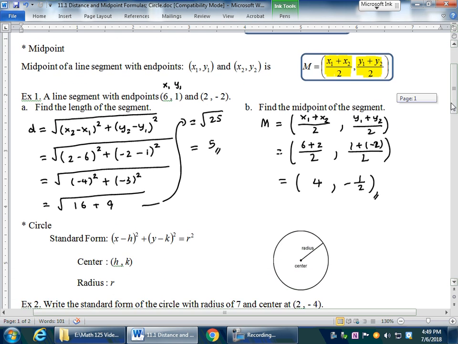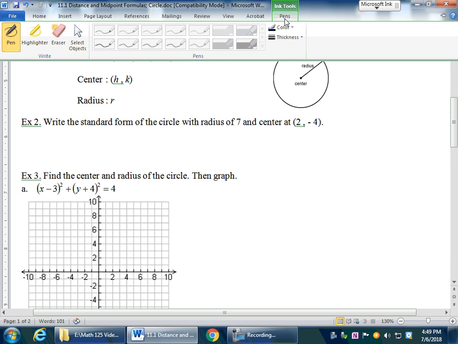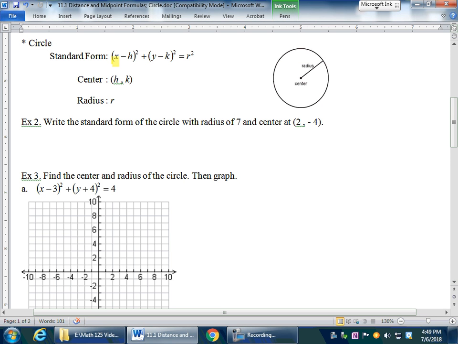The next formula that we're going to look at is the circle. The standard form of a circle is given to you: (x minus h) squared plus (y minus k) squared equals r squared. The h and k are basically the center of the circle, and r is the radius.